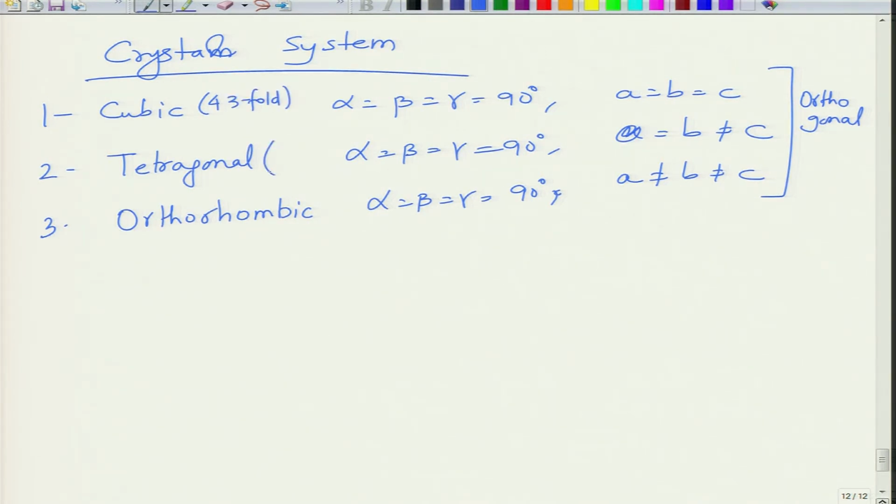For a tetragonal, you must have 1 4-fold. For orthorhombic, you must have 3 2-folds. These are the defining symmetry for these systems. And these 3 4-folds, and these 3 2-folds are perpendicular to each other. Okay.